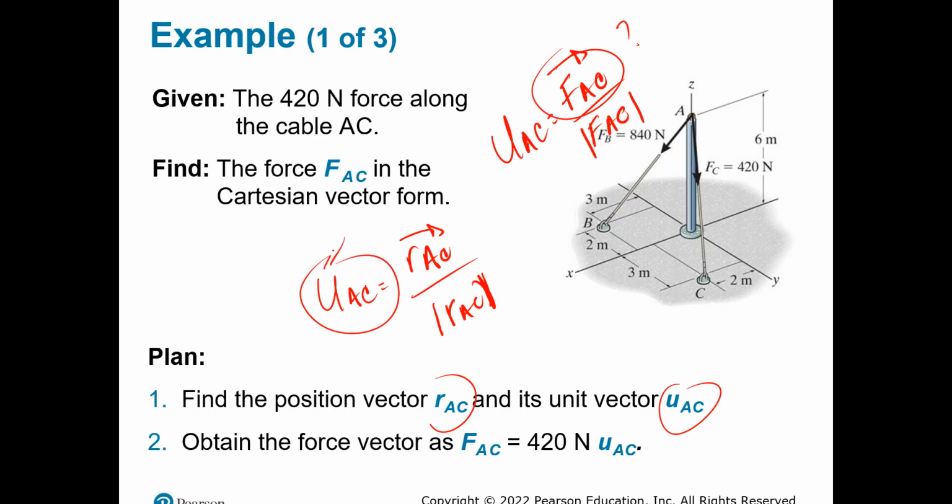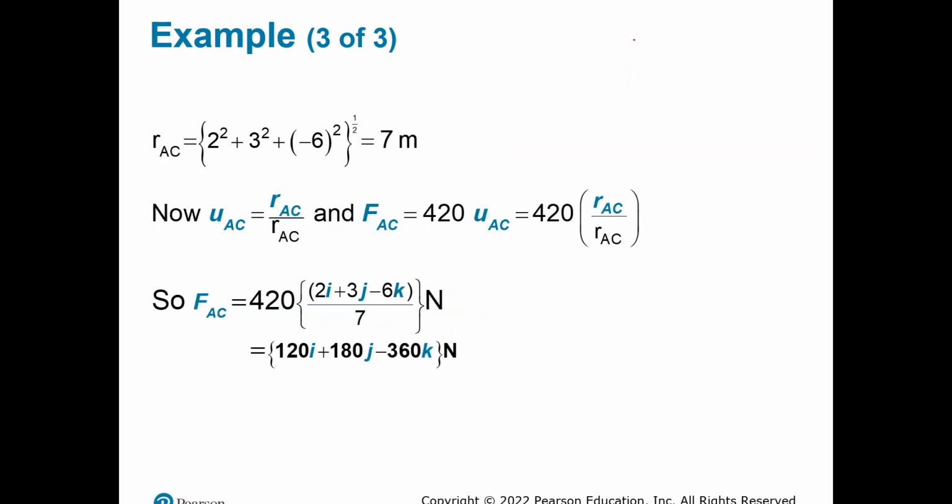Now we put UAC into this equation. I have UAC thanks to this formula, and the magnitude of FAC is given right here as 20. So if you plug in 20 and the resultant UAC, you will be able to find the vector in Cartesian form, and that's the plan.